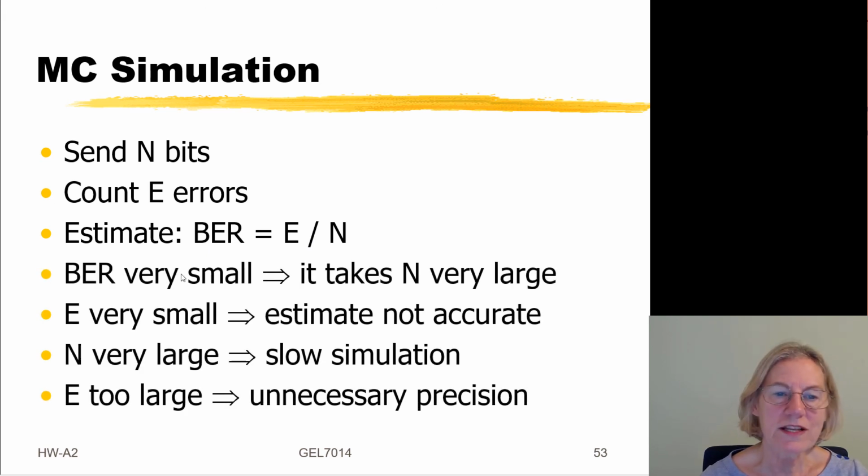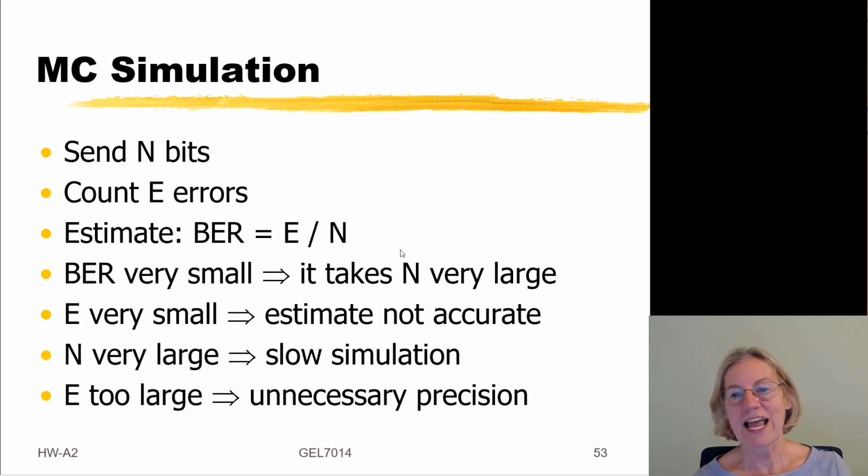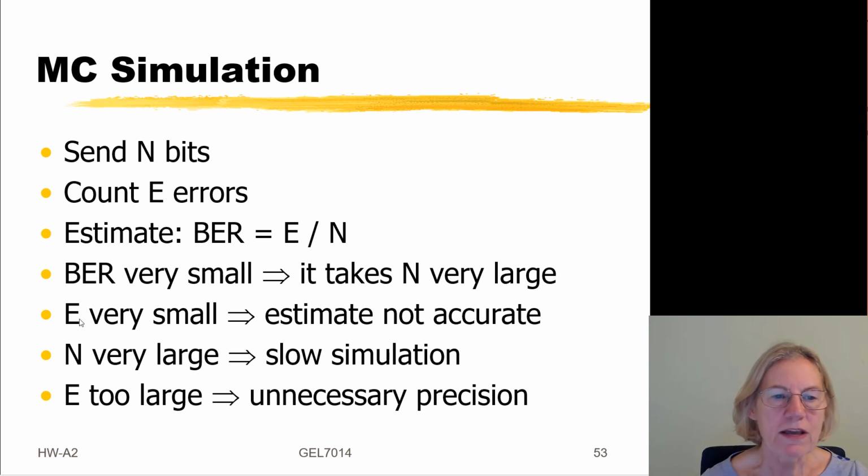So we can imagine that if the bit error rate is very small, I'm only making errors every 10 to the minus 6, 1 in a million bits. That means that I've got to have a whole lot of bits before I'll count any errors. So clearly this is going to depend on what the value of the bit error rate is, how large we have to make n. Now, if E is very small, if I'm not counting many errors, then my estimate is not going to be accurate, because errors are probabilistic.